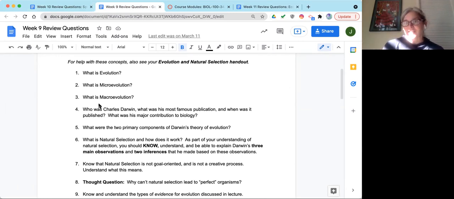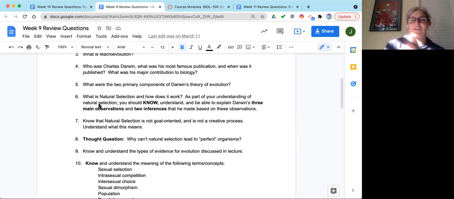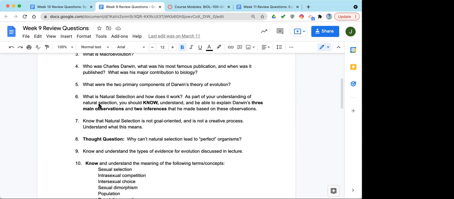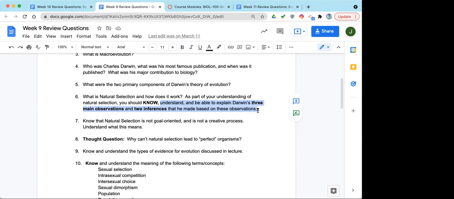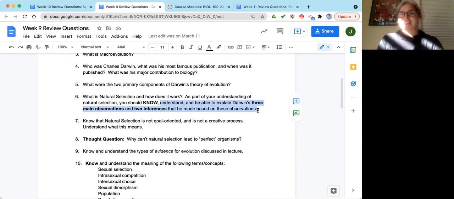With natural selection, it is really important that you understand that process and how natural selection works. So when we have this know and understand and be able to explain Darwin's 3 main observations and 2 inferences, what we're talking about there is that you could tell this as a story to somebody, and you would start with saying, there's a population, and a population is individuals that are all the same species, so they're potentially interbreeding.